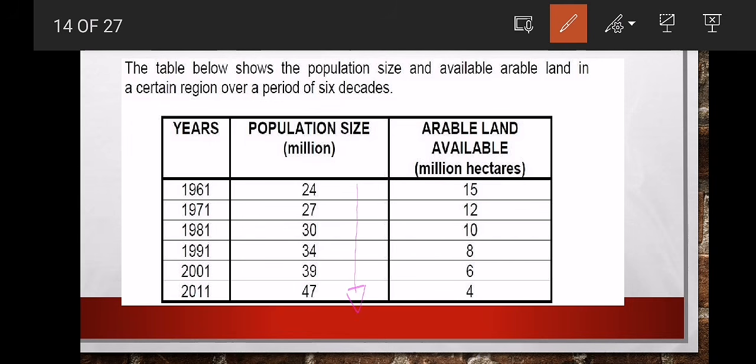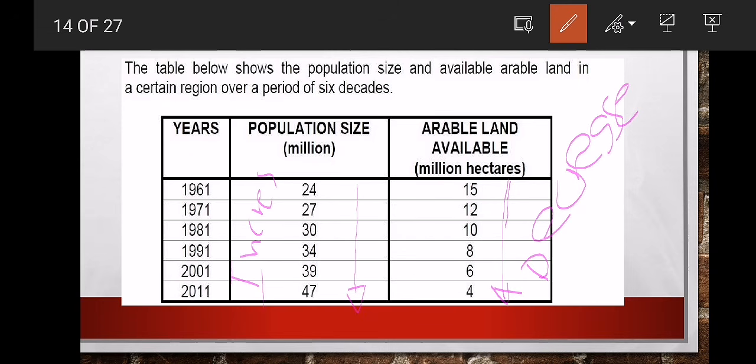When the population size increases, what happens to the land that can be used for farming? Arable land available. The population size increases, and then this one, it decreases. So we can say here there's an increase of population size, and then here there is a decrease of what? Of arable land.